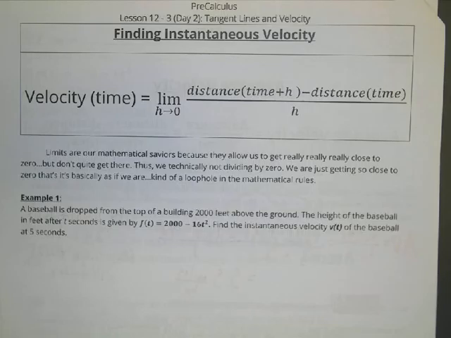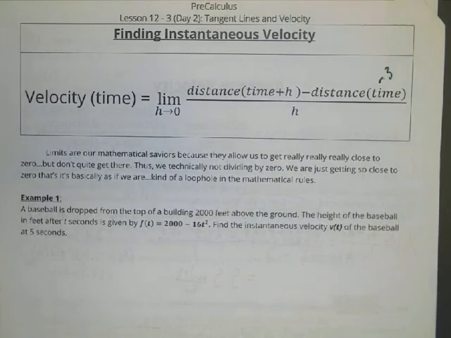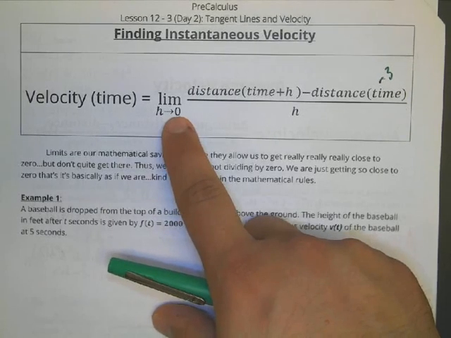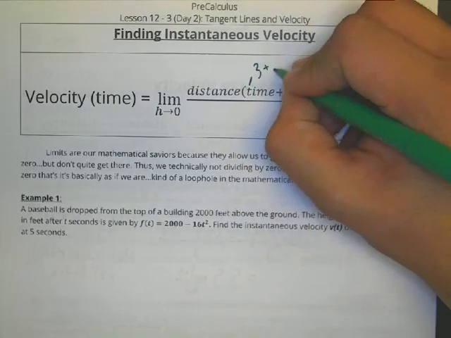Say for instance time here was 3 seconds. What would time plus h be? 3 plus h. But h is approaching 0, as said by the limit. So you could think of this as time being like 3 plus 0.0001.